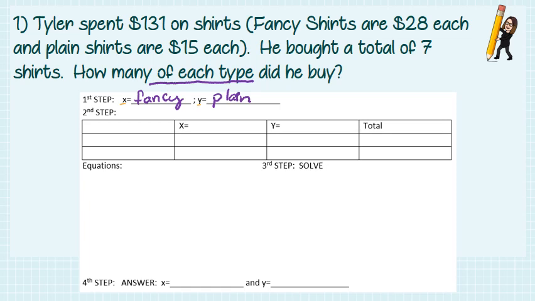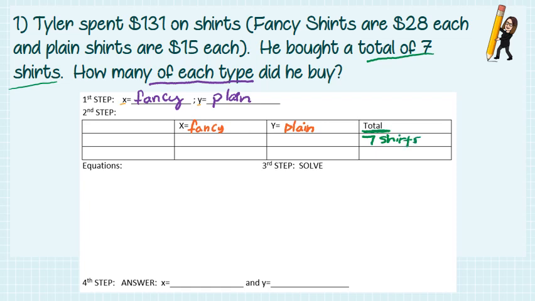We then need to set up 2 equations. So in this table, to help me figure out my equations, I'm going to make this first column fancy shirts, and I'm going to make this column plain shirts. Okay. Then we got to talk about totals. I should have 2 totals somewhere provided to me. Well, I have a total of 7 shirts, so there's 1 total.